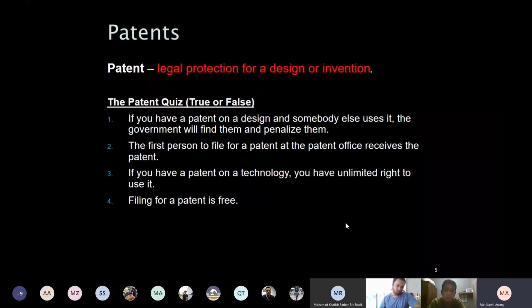So the answer is false, because the government will not fine and penalize them. It's up to the owner of the patent to file in court to sue the person who infringed the patent, and you have to prove that that person has infringed your patent. The government will not penalize them.